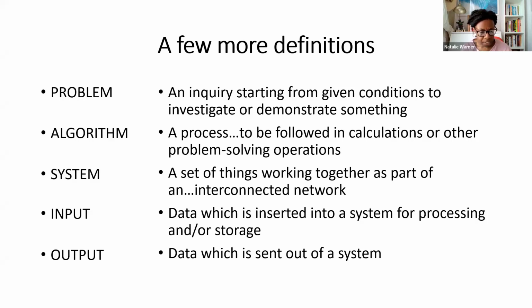And then last, just a bit more technical for computing and maths. So input, you've got data, which is inserted into a system for processing and or storage. And then you've got output, which is the data sent out of the system. And those are the key things that we'll need for grading a pattern, this terminology here.